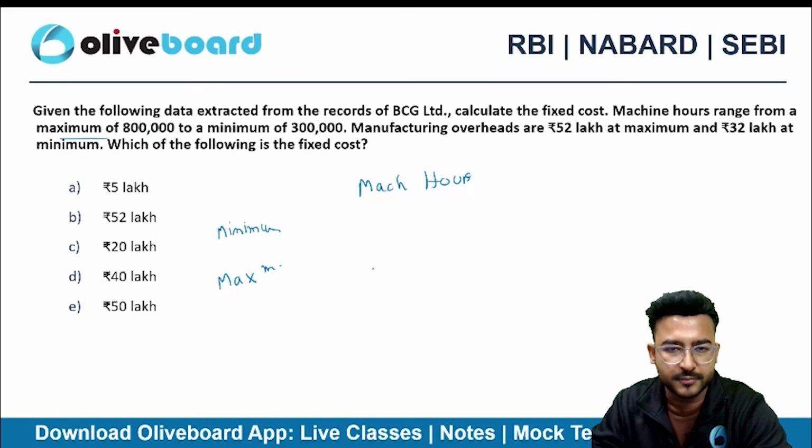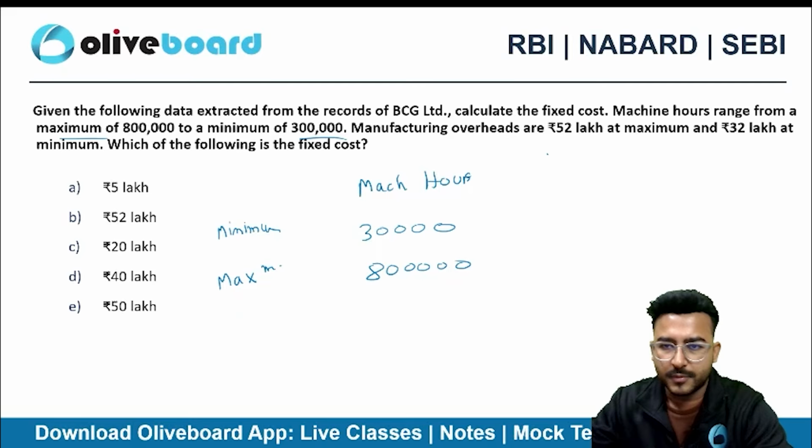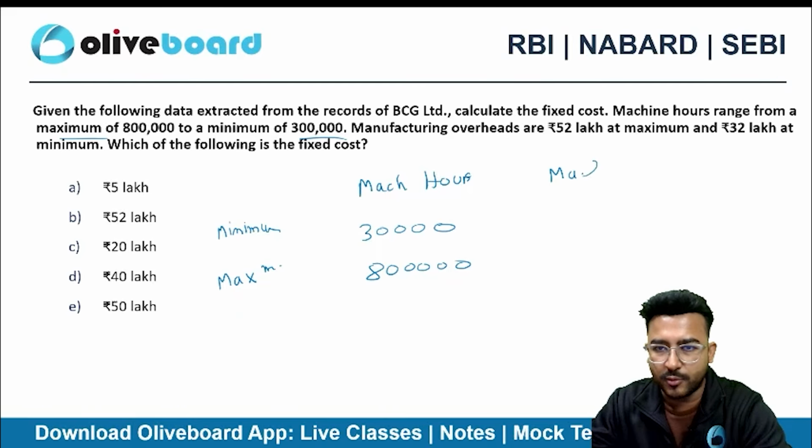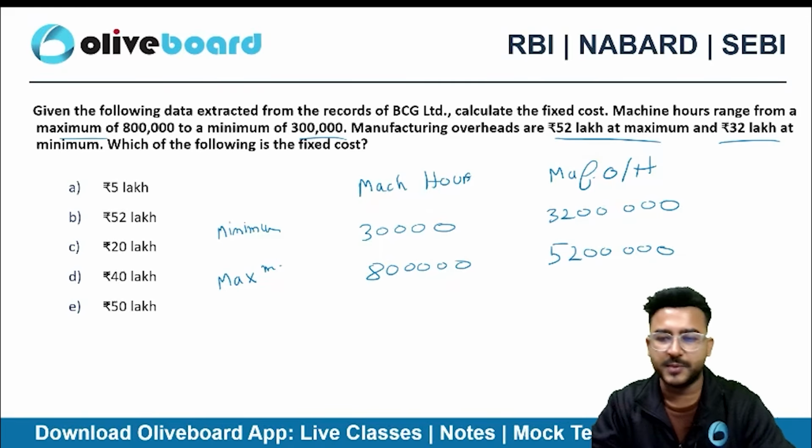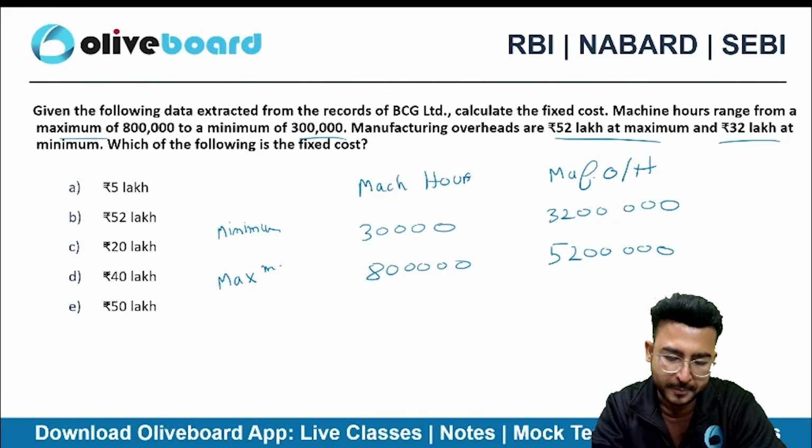Maximum 8 lakh machine hours. Minimum 3 lakh. Manufacturing overheads: 52 lakhs maximum. 32 lakhs minimum. Take your time and calculate this one, guys.